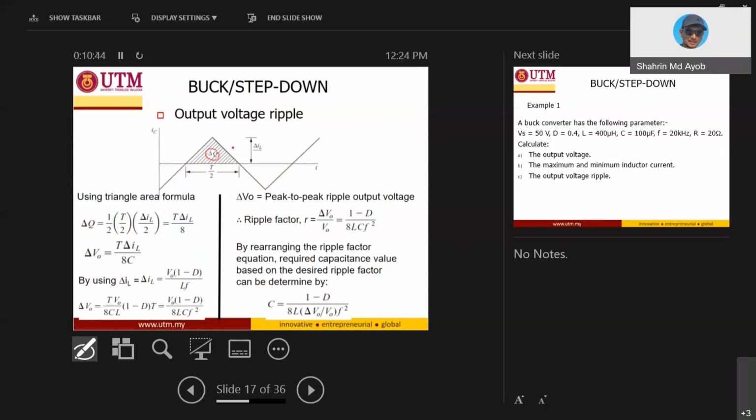So we use the triangular formula, which is 1/2 multiplied by the height multiplied by the base. Right now your height is delta IL/2, and your base is the half period, which is T/2. By using this triangular formula, 1/2 times the base times the height, we will obtain this formula.